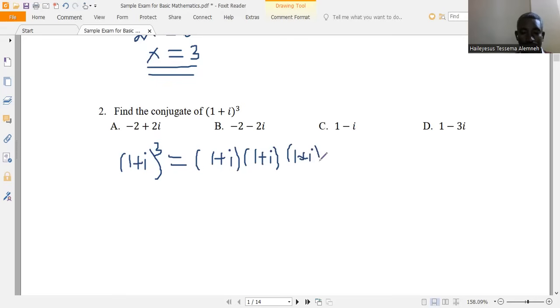So let's do first the product of these two. So 1 times 1 is 1, 1 times i is i, and i times 1 is i, and i times i is i squared. i squared is how much? Minus 1.